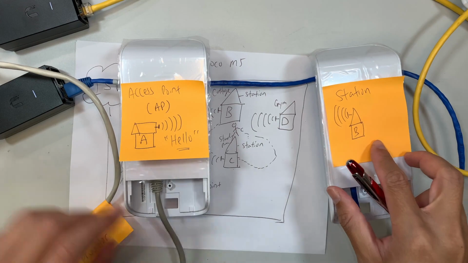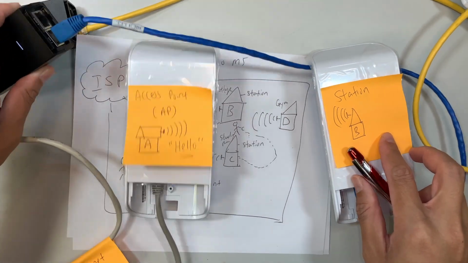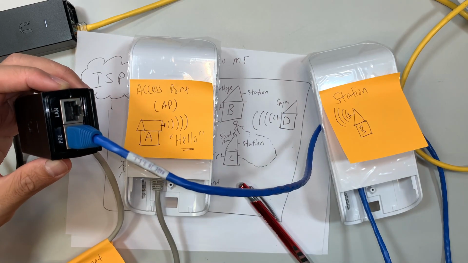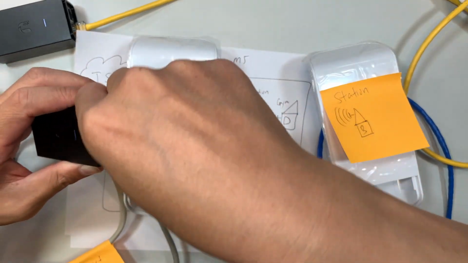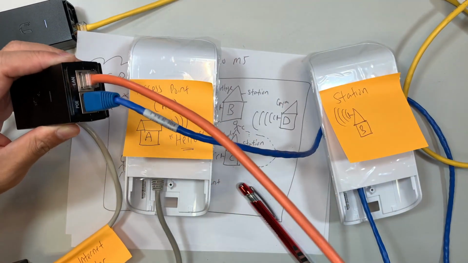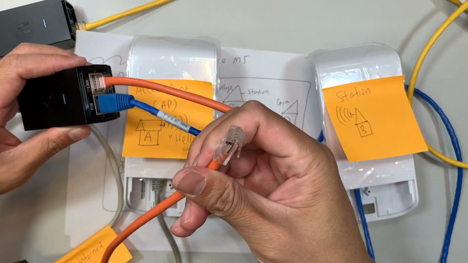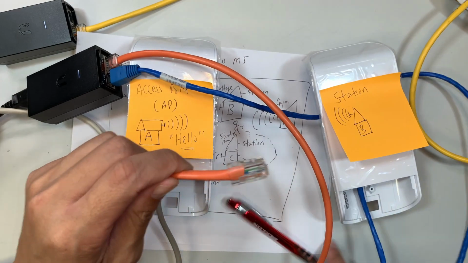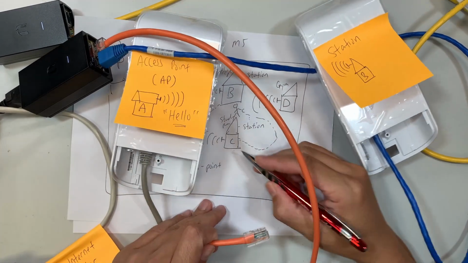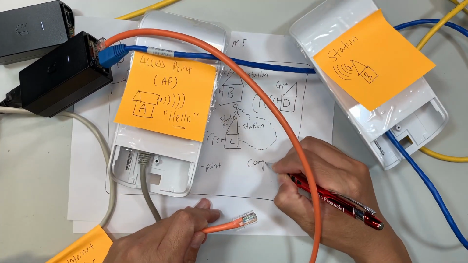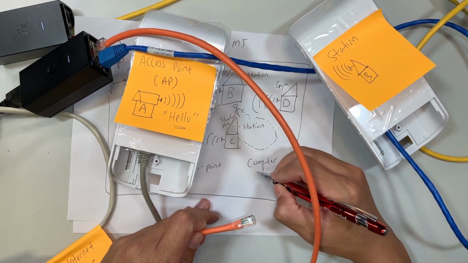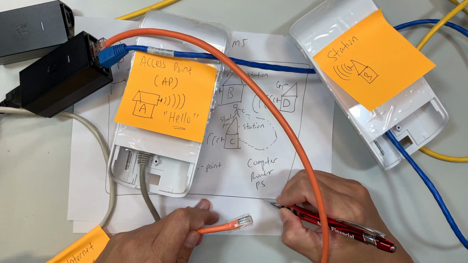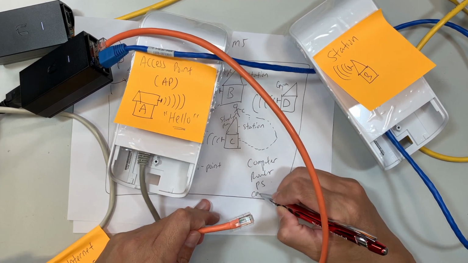Now when you have internet, you just have to plug it in from the LAN. This is a B cable, right? You'll be plugging it in here to the LAN, and then you can plug the other end into your computer, or into a router, your PlayStation, or maybe a camera.